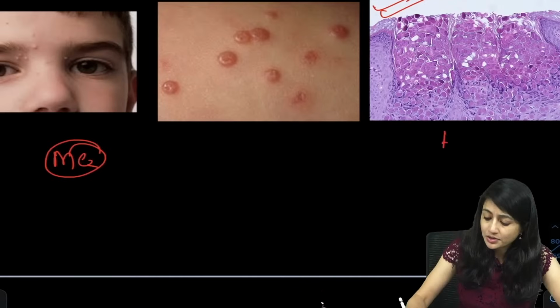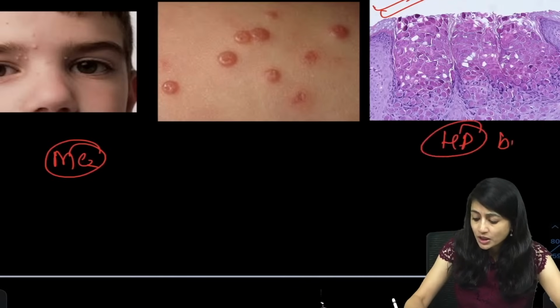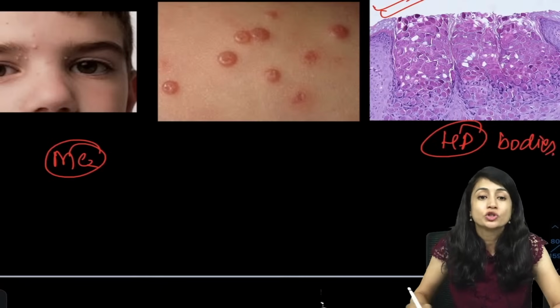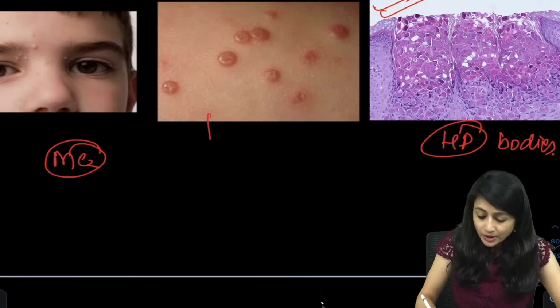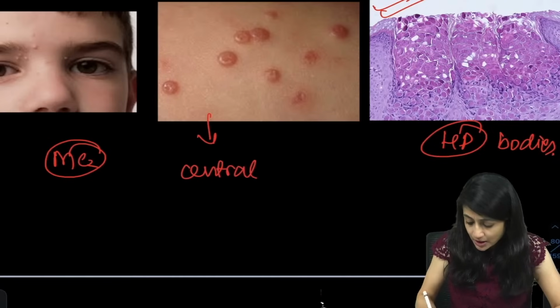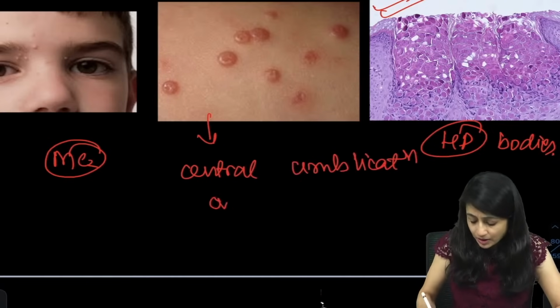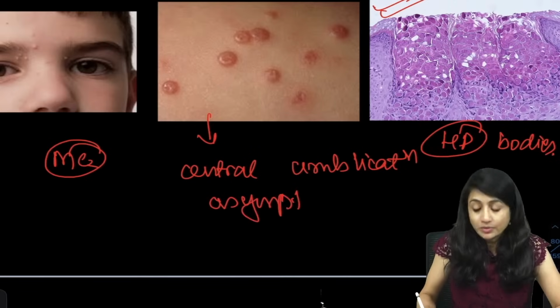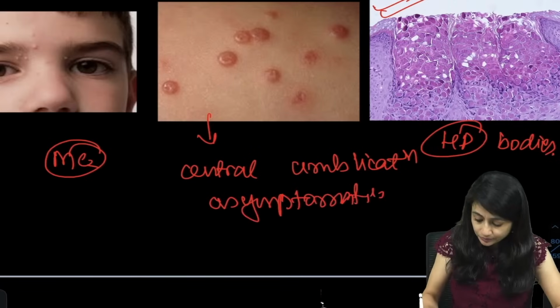Yes, these are Henderson-Paterson bodies, which are eosinophilic inclusion bodies. The important feature to diagnose molluscum contagiosum is central umbilication. They are asymptomatic, and other family members would also have it.